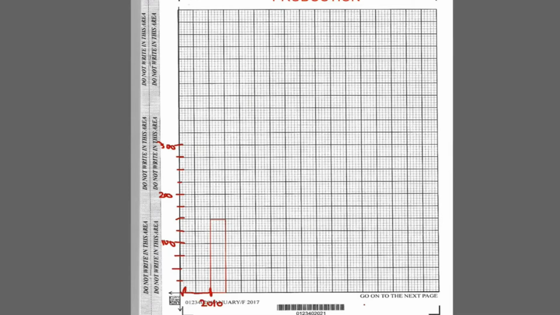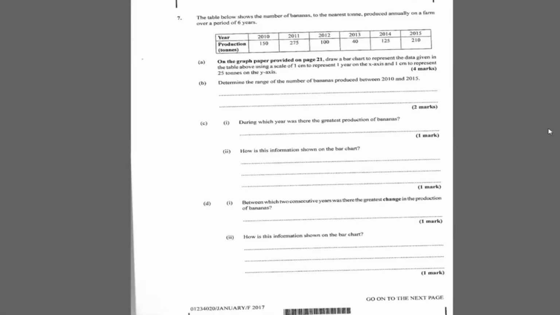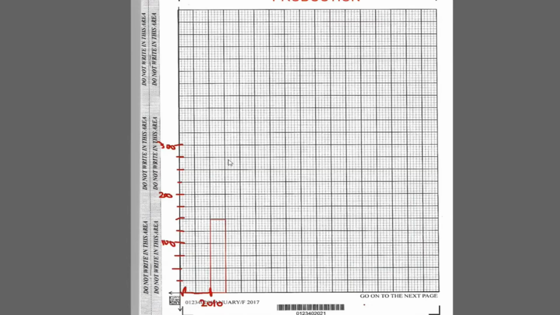Then I need 2011, which for 2011, it's going to be 275. 275 for 2011, which was the best year. 275 for 2011, which is right here. And this is a little better.